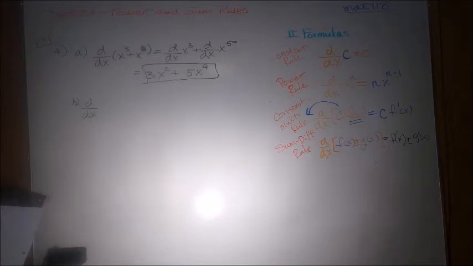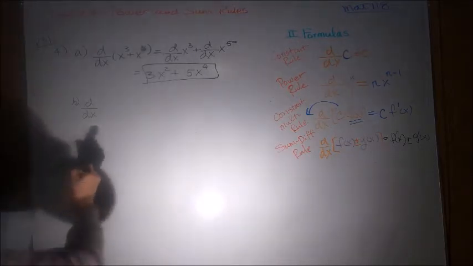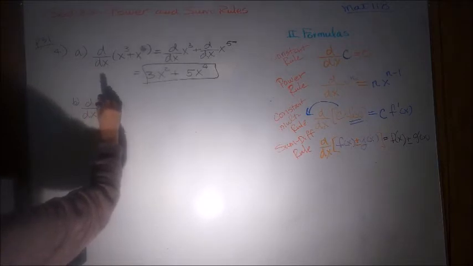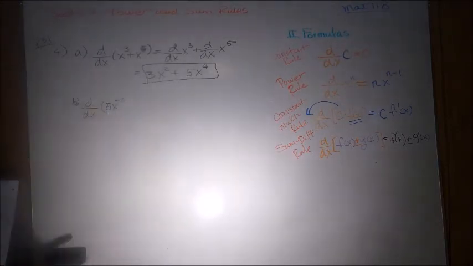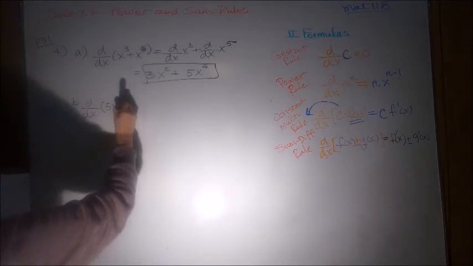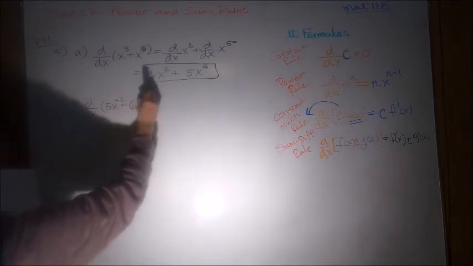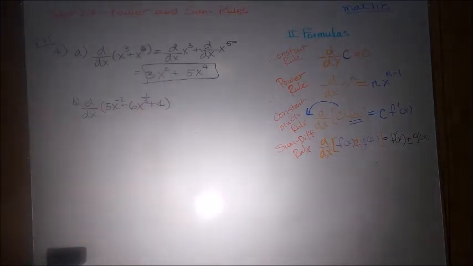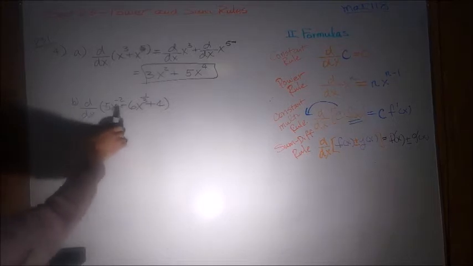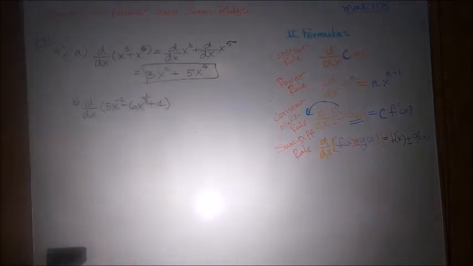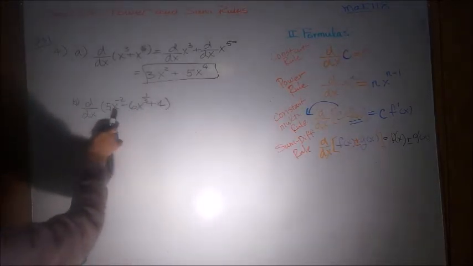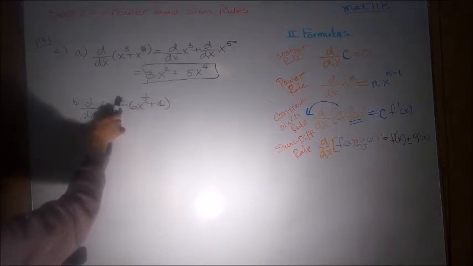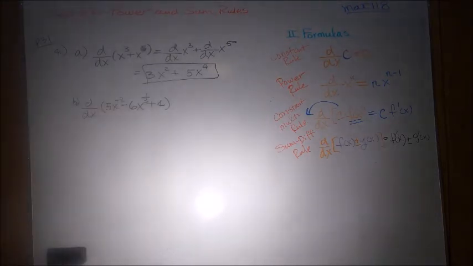Okay, pretty straightforward, right? For the next one, if we have 5x to the negative 2 power minus 6x to the 1/3 power plus 4. So we have 3 things subtracted and added together, with the same variable with different powers.